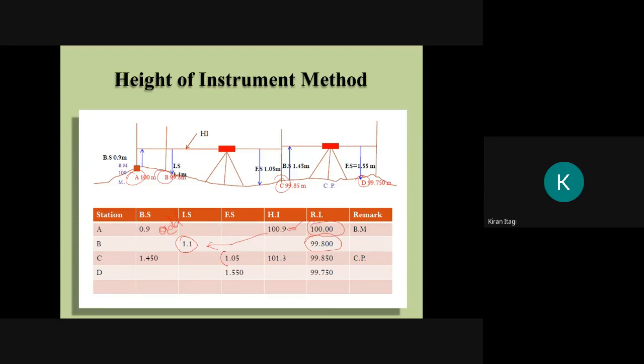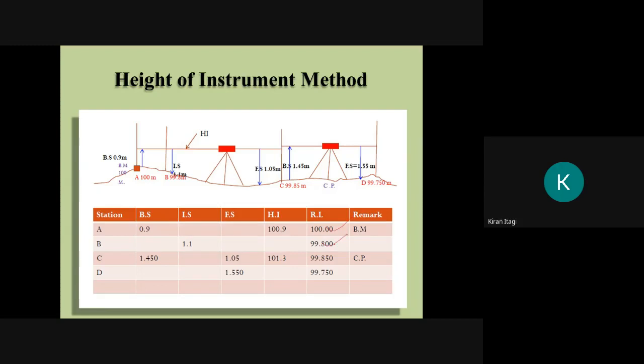Then we have the fourth side here, and also the backside here. First, subtract the fourth side: 100.9 minus 1.05 gives you the RL. After that, add the backside to that RL, and we get the height of the instrument. I will explain once again.